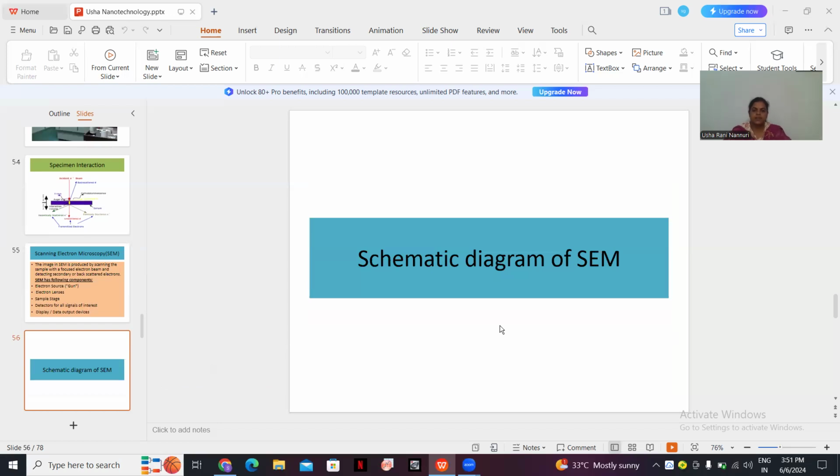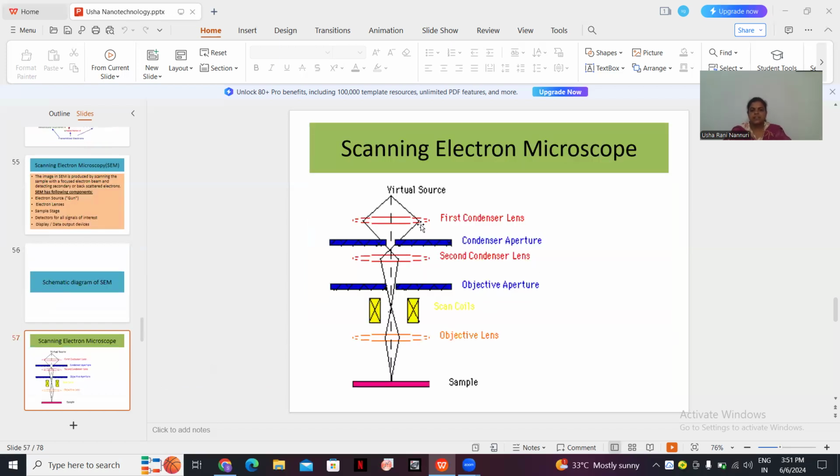This is the schematic diagram of SEM, with the virtual source, the first condenser lens, condenser aperture, second condenser lens, objective aperture, scan points, objective lens, and sample.